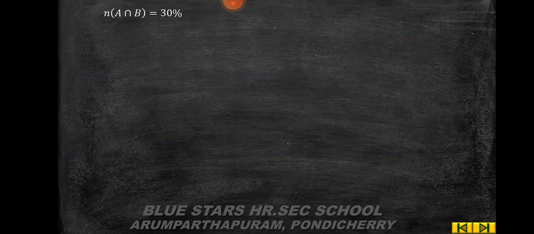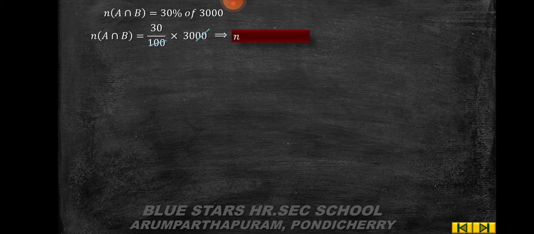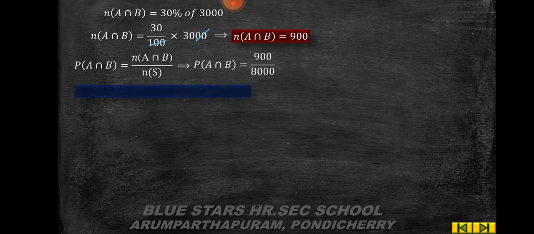N of A intersection B is equal to 30% of 3000. So N of A intersection B is equal to 30 by 100 into 3000, which is equal to 900. So P of A intersection B is equal to N of A intersection B by N of S, that is 900 by 8000.